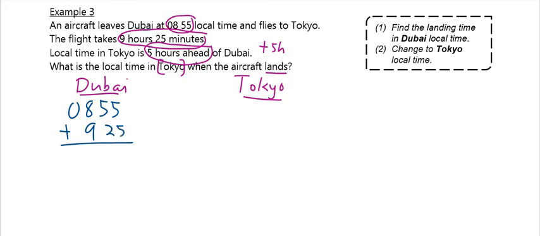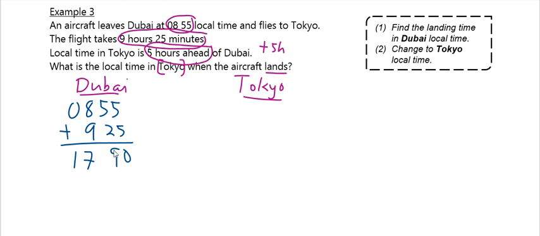When you try to sum this up, 55, 25, let's separate them in terms of hours and minutes. This section is about minutes. So 55 plus 25 will become 90, and 08 plus 9 will be 17. So 17:90 doesn't exist.